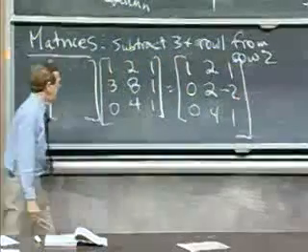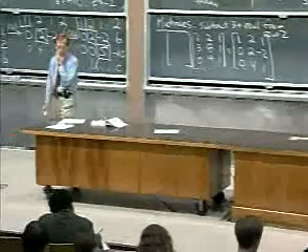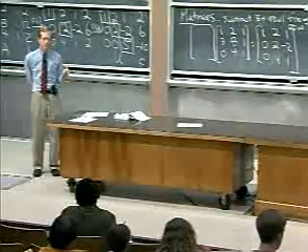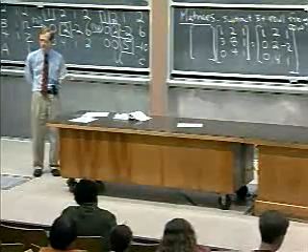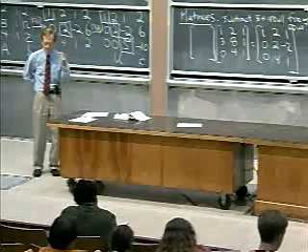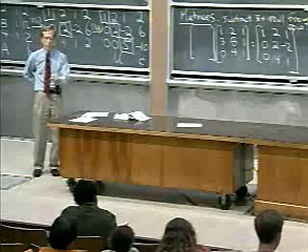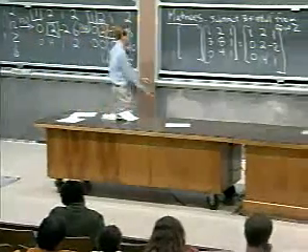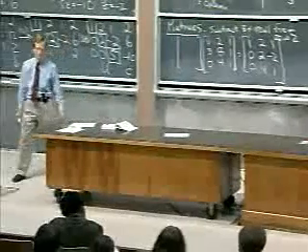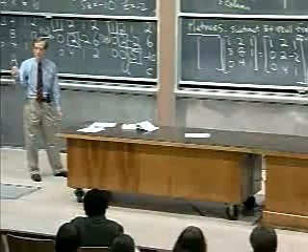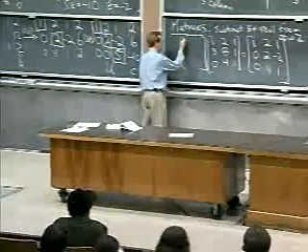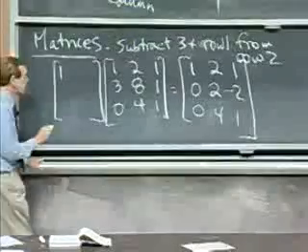Good. What matrix will do it? It should be a pretty simple matrix because we're doing a very simple step. We're just doing this step that changes row 2. So actually, row 1 is not changing. So tell me how the matrix should begin. So the first row of the matrix will be 1, 0, 0.